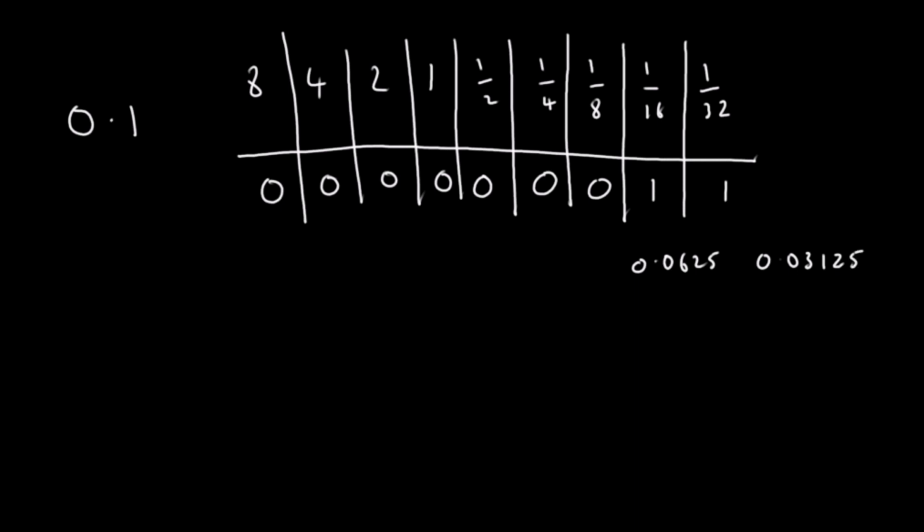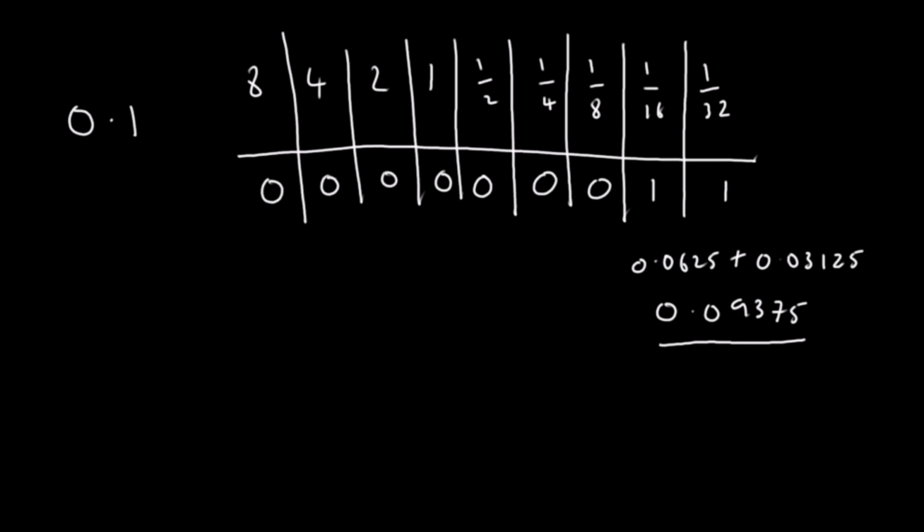So if we add those two together, what we actually get is 0.09375. So although pretty close to 0.1, it's not actually 0.1. If we wanted to get closer to it, we could go further along. So we could go 1 over 64, 1 over 128, and so on. So we could keep going.